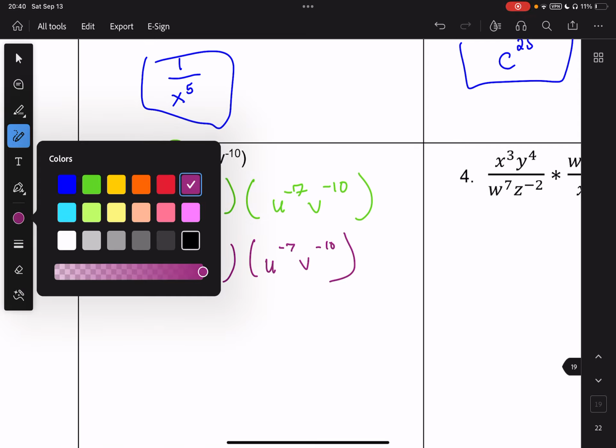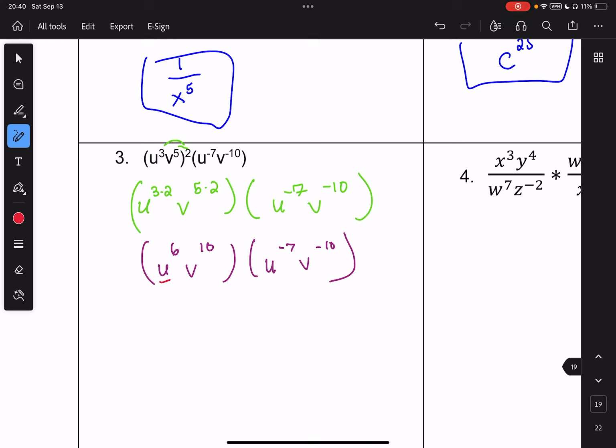So now let's multiply our terms together. Let's do u and u first. So u to the 6 times u to the 7, or 6 minus 7. Then we have v to the 10, and then minus v to the 10.